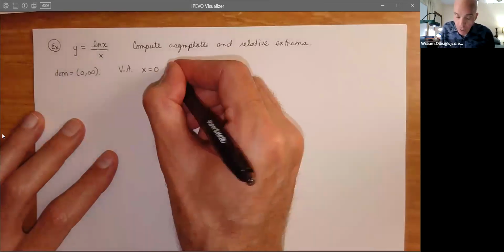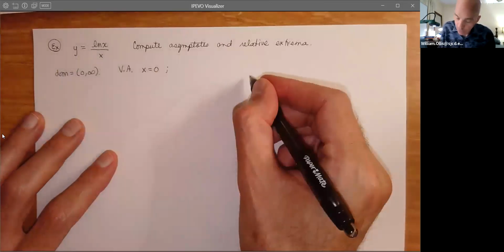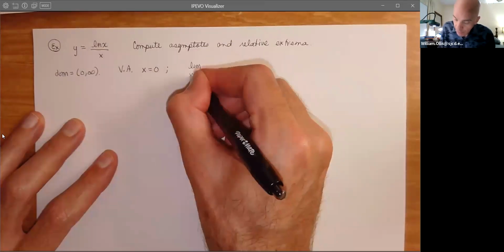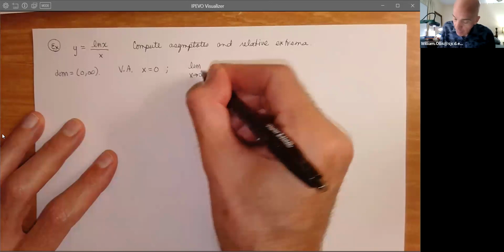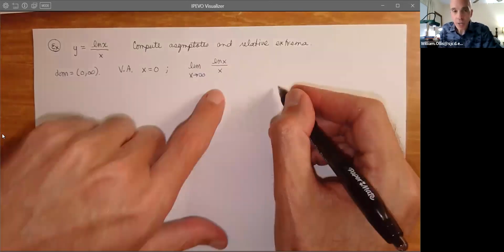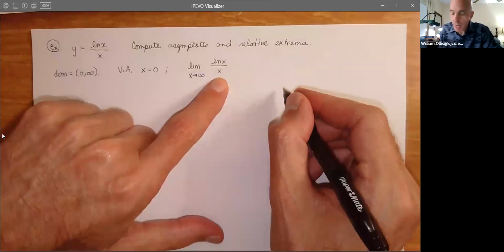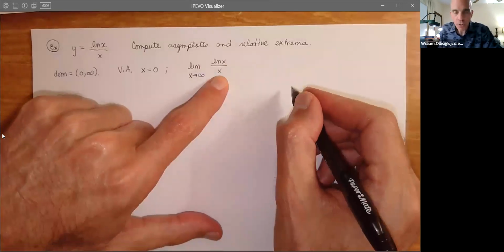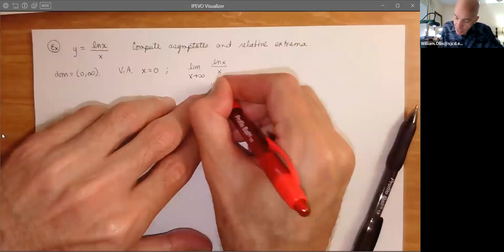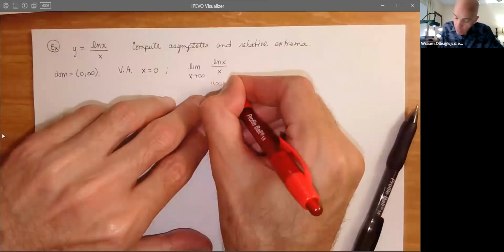And then for what happens as x tends to infinity, we'll say the limit as x tends to infinity of ln of x over x. Well, this is a case where we know the log function is increasing, so we get large over large, so to speak. This is where we get the indeterminate form infinity over infinity.